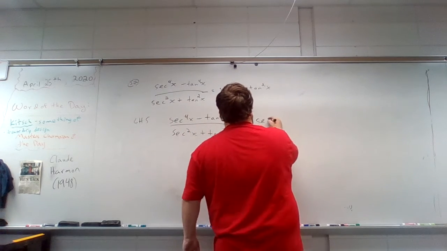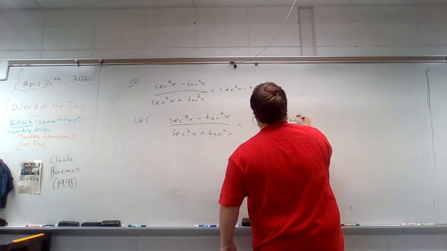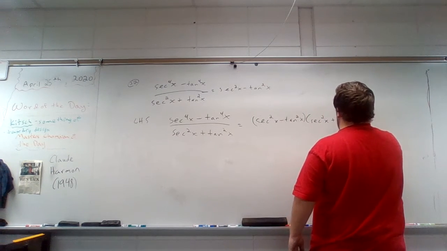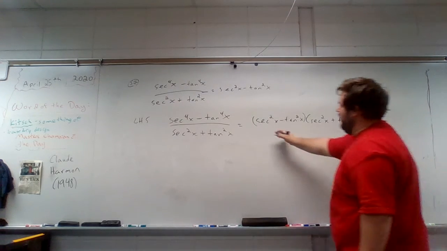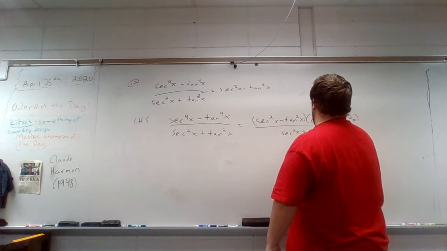The numerator is going to factor as secant squared minus tangent squared times secant squared plus tangent squared. So that's a difference of perfect squares over the denominator, which is secant squared plus tangent squared.